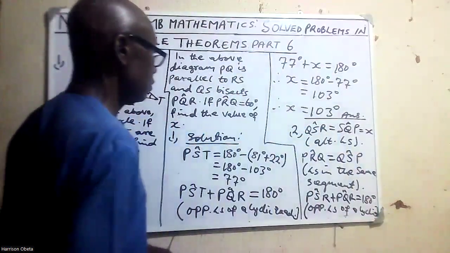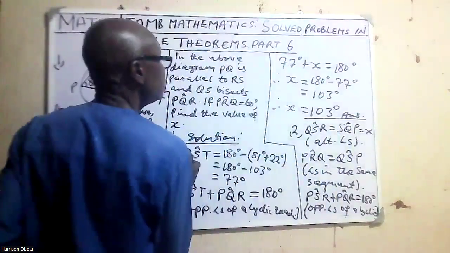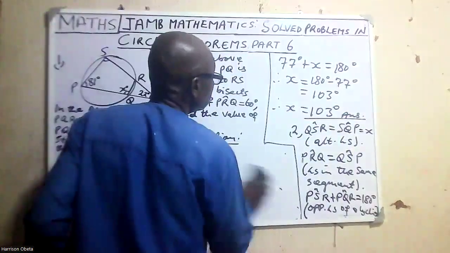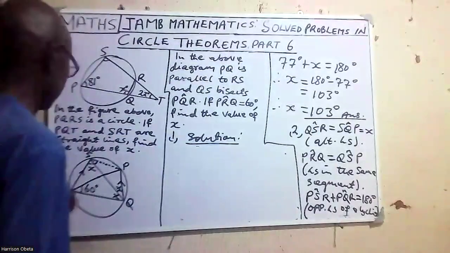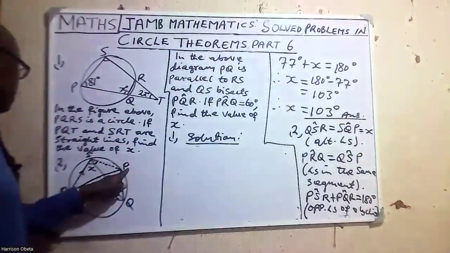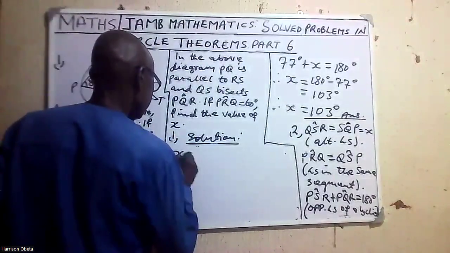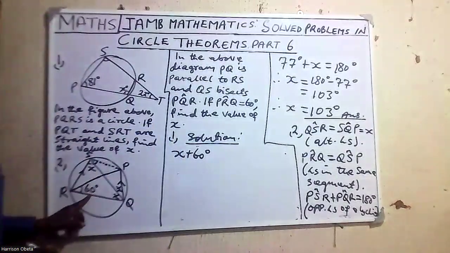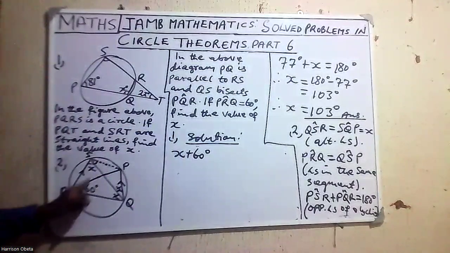Okay. So which means, coming back from here, we have PSR. PSR should be X plus 60, because I've said earlier that this angle is equal to this angle. Angles in the same segment, or angles obtained by the same arc.